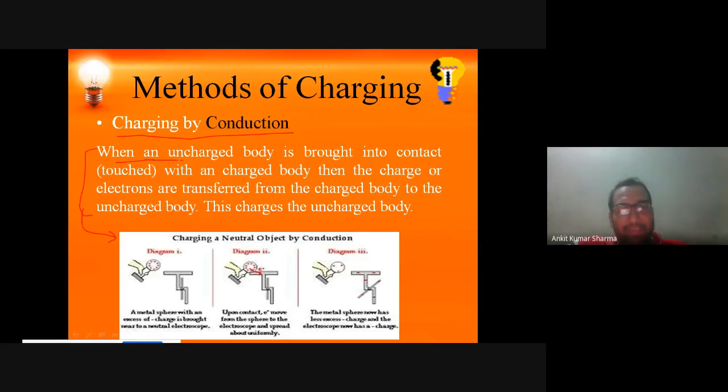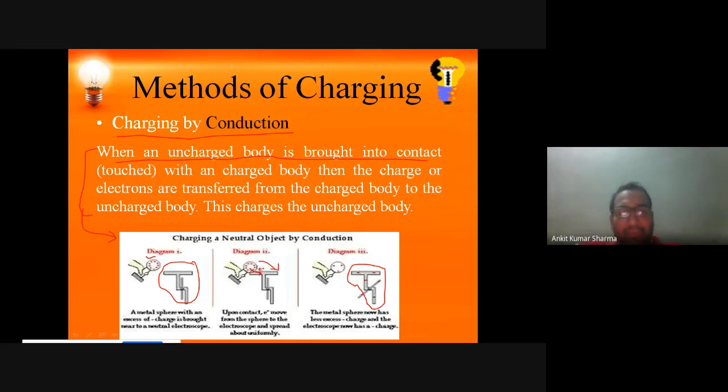When an uncharged body is brought into contact with a charged body, and the contact is in the form of touching, so both bodies have to touch each other, the electrons are transferred from the charged body to the uncharged body, and the uncharged body now becomes charged with negative charge.